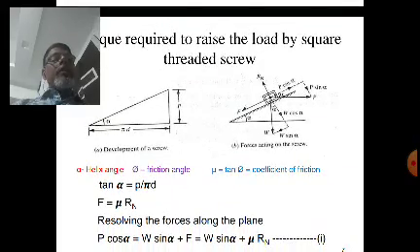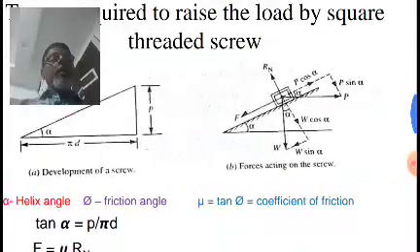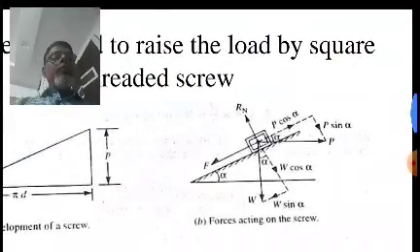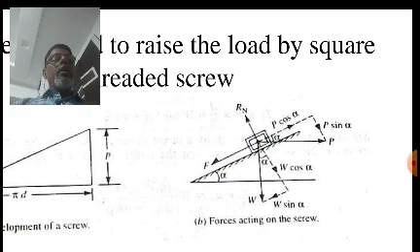Now suppose we are lifting the load, right? So just take the example of a screw jack, and we are applying certain effort and your load is getting lifted. Ultimately, whatever load you kept on the screw will act on the threads of the screw, right?